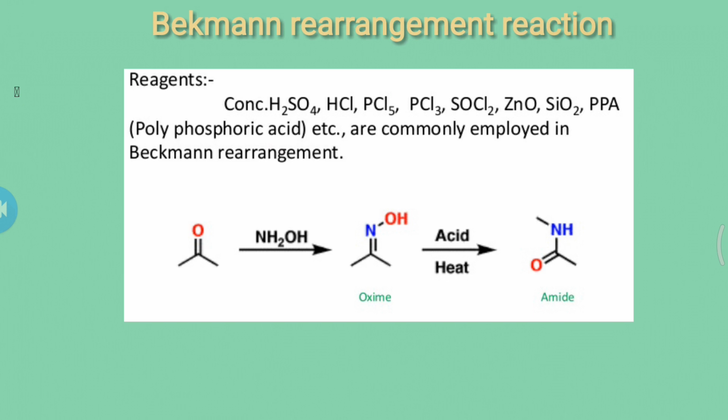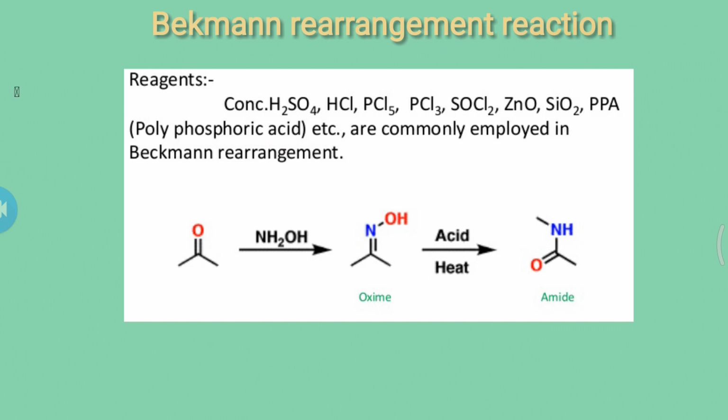Reagents used include concentrated H2SO4, HCl, PCl5, PCl3, SOCl2, zinc oxide, silicon oxide, and PPA, polyphosphoric acid, commonly employed in the Beckmann rearrangement. In this reaction a ketone converts to an oxime, and the oxime in the presence of acid and heat forms an amide.